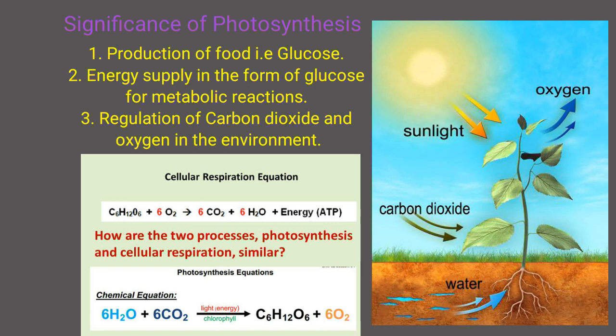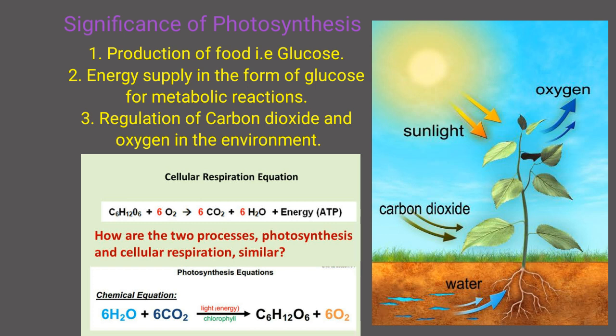As you know, the energy for all living organisms is called ATP, which is adenosine triphosphate. And this adenosine triphosphate is synthesized by the breaking down of the glucose molecule in the metabolic pathway that takes place during the process of cellular respiration. So this cellular respiration, we are going to discuss in the next chapter.